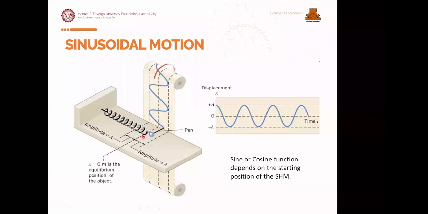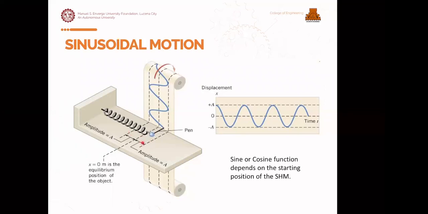From the initial position, we try to pull yung ball natin hanggang dito sa extent na to. Naka 3D yan, kaya ito yung position na yun. Then, when we try to release that, ang gagawin ng ball natin is to oscillate. So, magiging ganito yung direction niya.